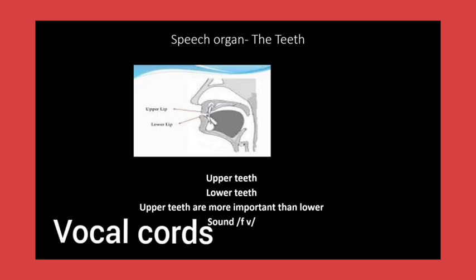I have shown the teeth in this particular figure, in the diagram, in the slides. Observe it carefully. You will notice that we have upper teeth and lower teeth. Upper teeth are more important than lower, remember. Try to notice around you in society, if a person has no upper teeth, what kind of change you will notice in his utterance, in his speech.